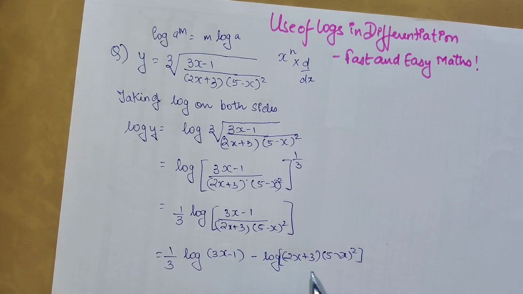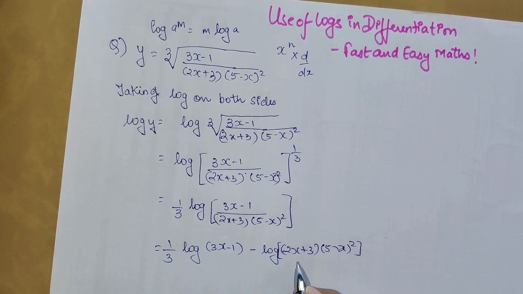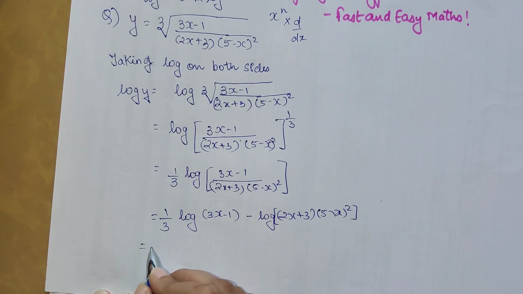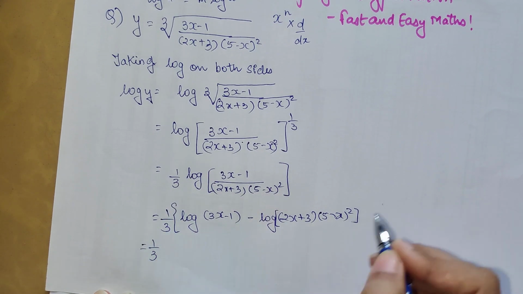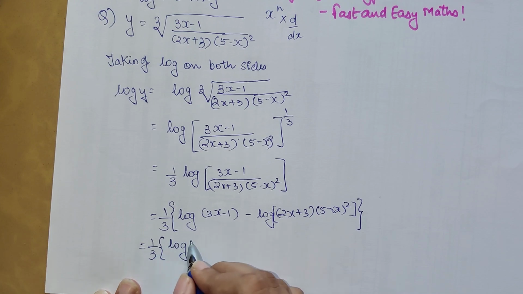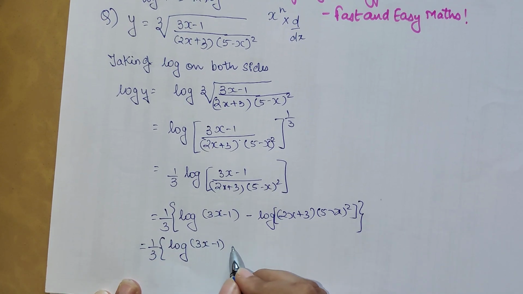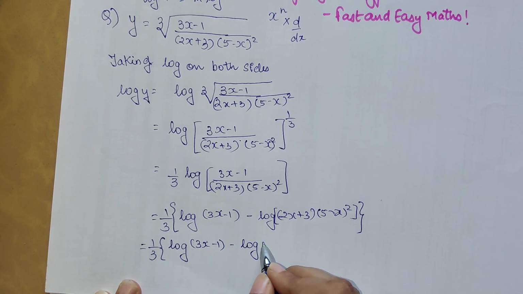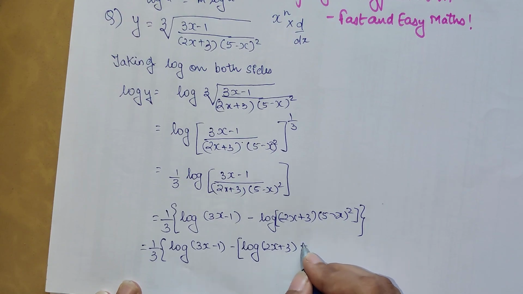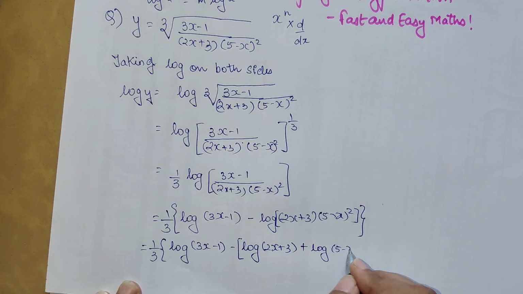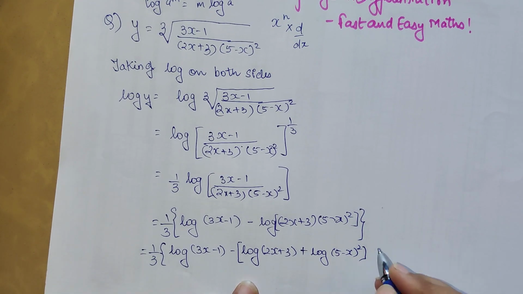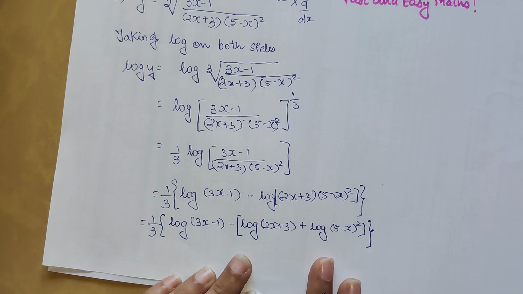Now understand, here we have log of a into b, which can be written as log of a plus log of b. So continuing further, we get 1 upon 3. Please remember, 1 upon 3 is getting multiplied throughout. We have log of 3x minus 1 minus log of 2x plus 3 plus log of (5 minus x) the whole square, and the bracket is getting closed.